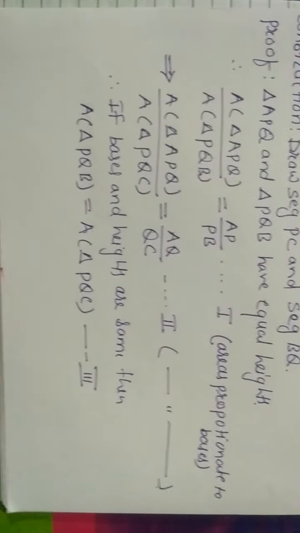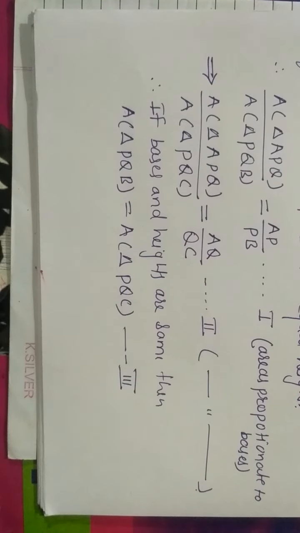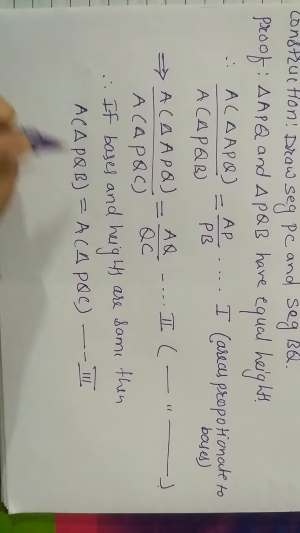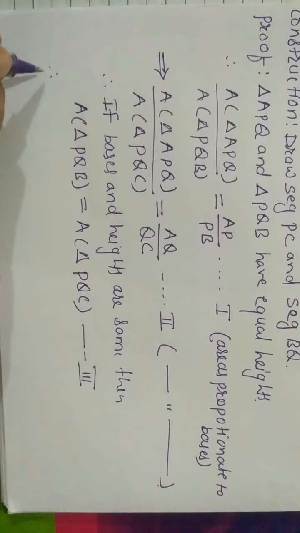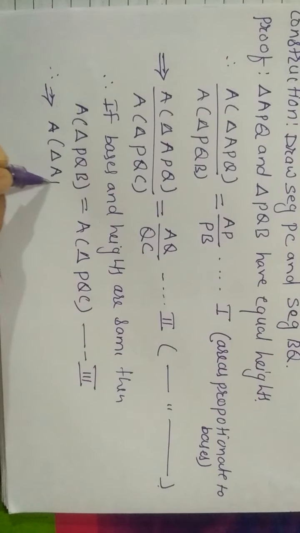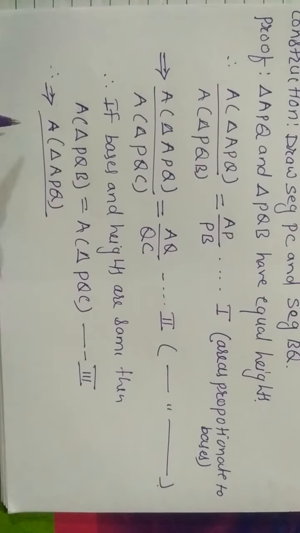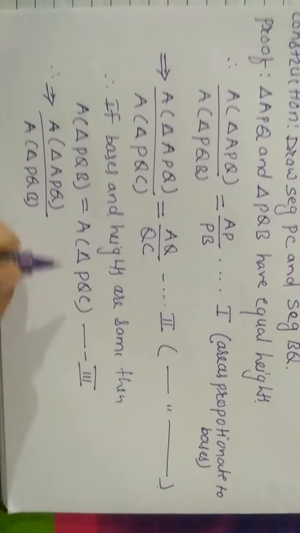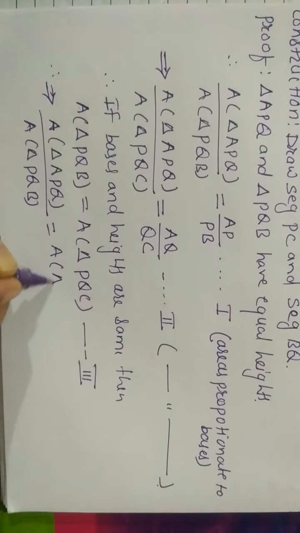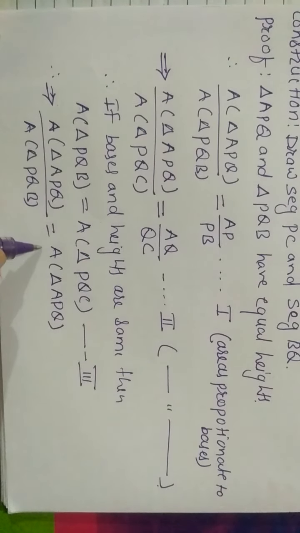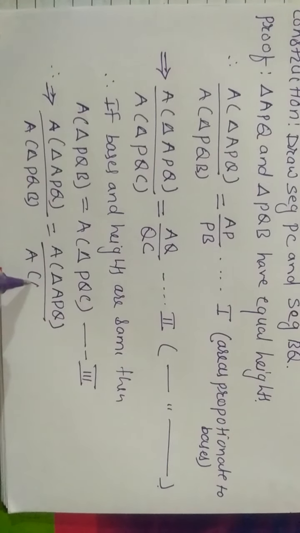Got it? Okay. So if the areas of triangles are equal, then the ratios are also equal. Therefore it implies that area of triangle APQ divided by area of triangle PQB is equal to area of triangle APQ divided by area of triangle PQC.